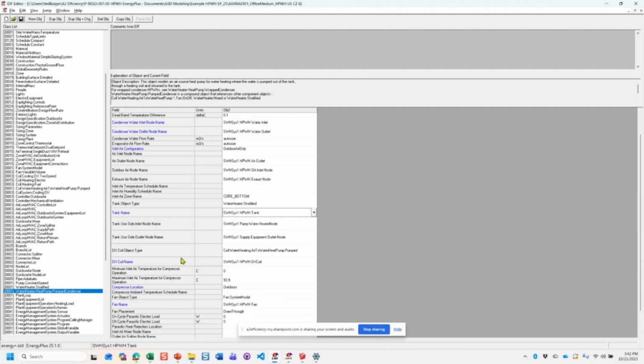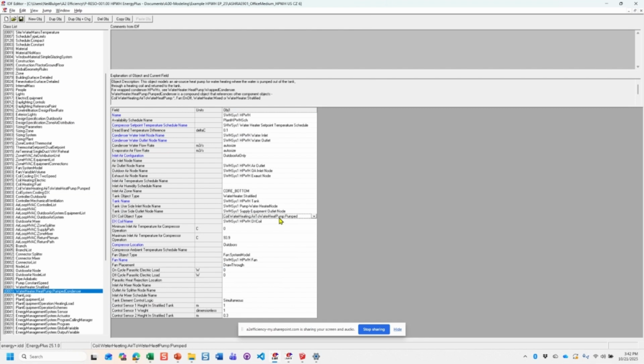And then down here it says, what kind of object are you using to make heat? It says, I'm using this type of object, and it has a name. Apparently you can pick some other objects. There's a variable speed one, which I'm sure would be interesting to look at. There's another one here, integrated heat pump air source, but this is the one we're going to use today.